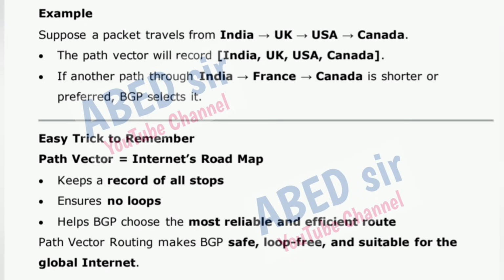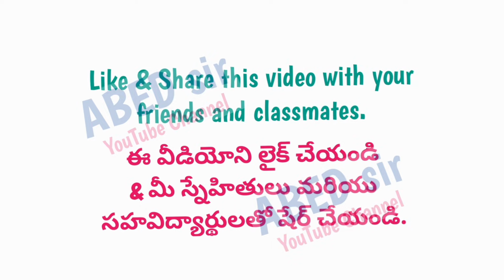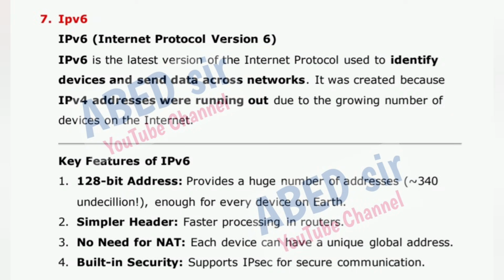Keeps a record of all stops. Ensures no loops. Helps BGP choose the most reliable and efficient route. Path vector routing makes BGP safe, loop-free, and suitable for the global Internet. Next important short question is 7.